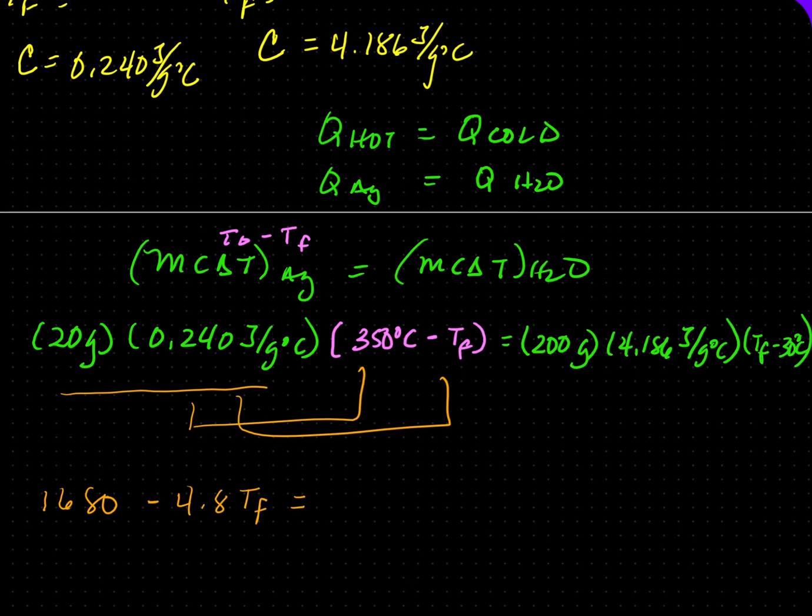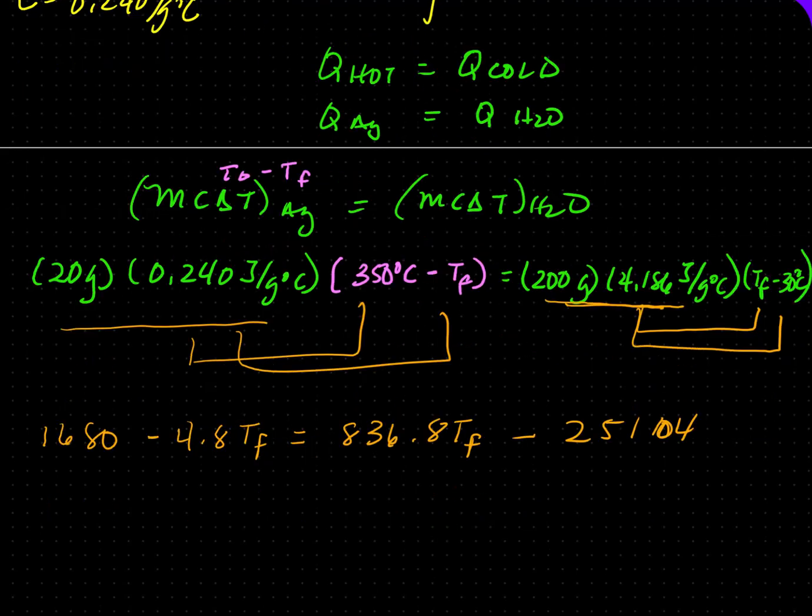We're going to do the same thing on the opposite side. 200 times 4.186. Then we're going to distribute to TF. So that's going to equal 836.8 TF. We're going to multiply 200 times 4.186 times 30. And that's going to be approximately 25,104.